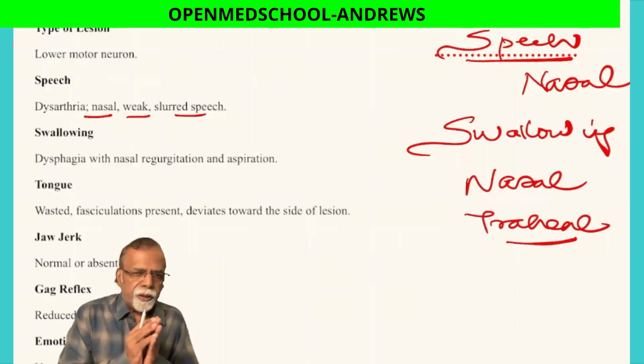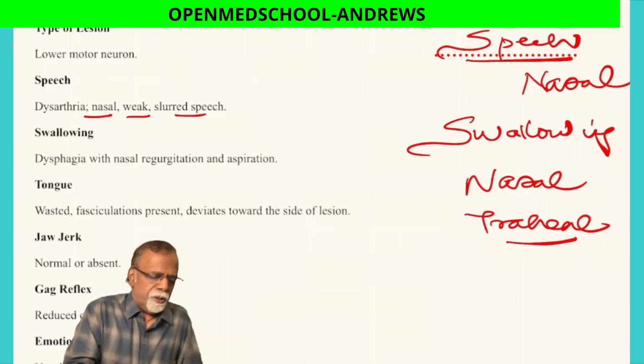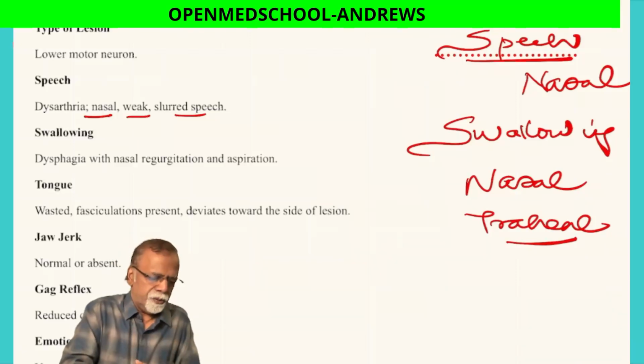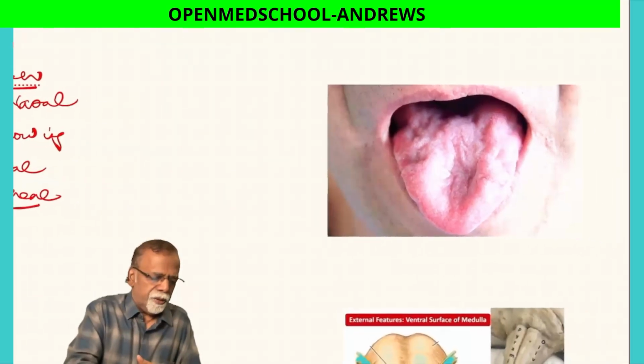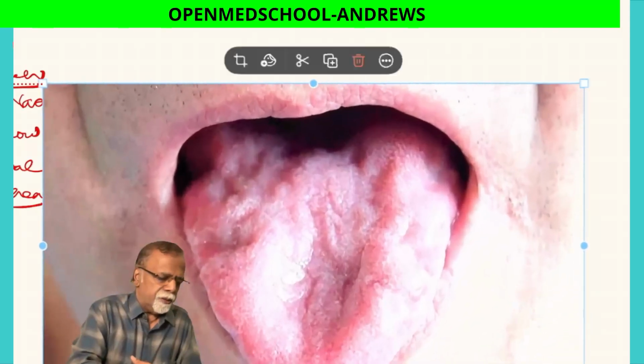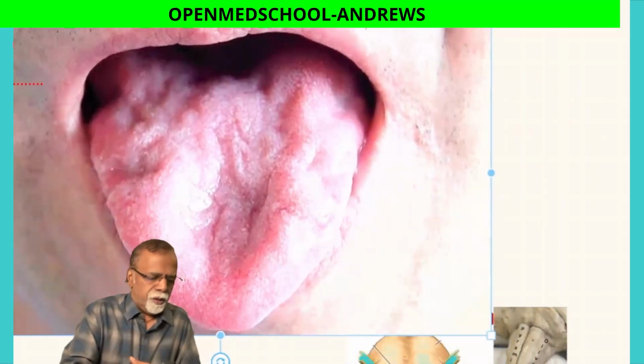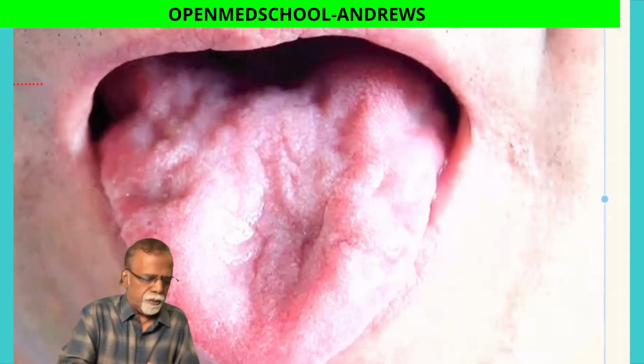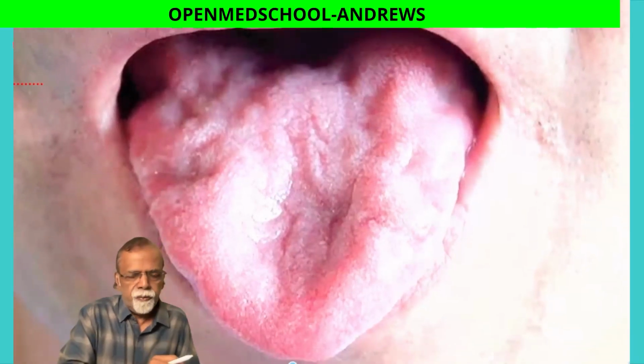One important finding that occurs in the tongue on examination is fasciculations or fibrillations in the tongue. So the tongue will be wasted, the mucosa will be shriveled, especially in long-standing cases. So this is one of the very important findings that you should look for.